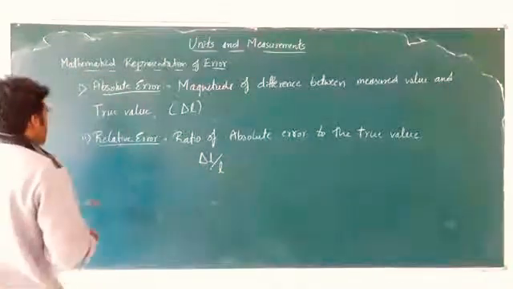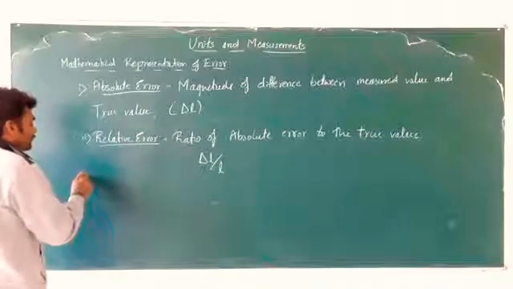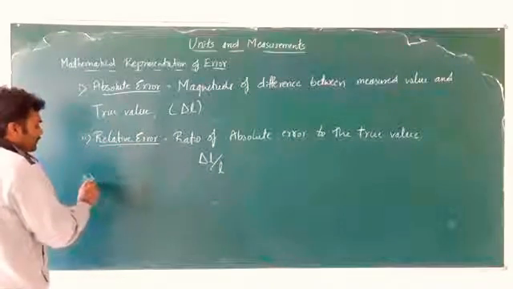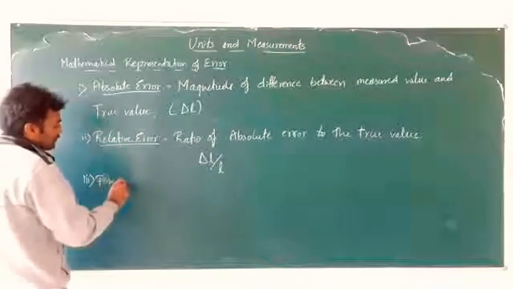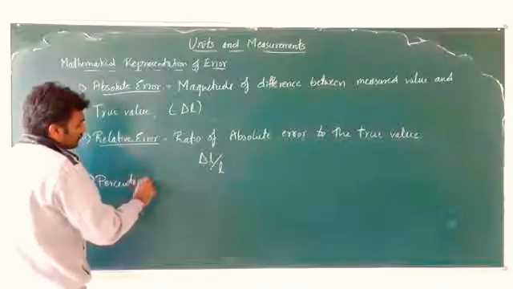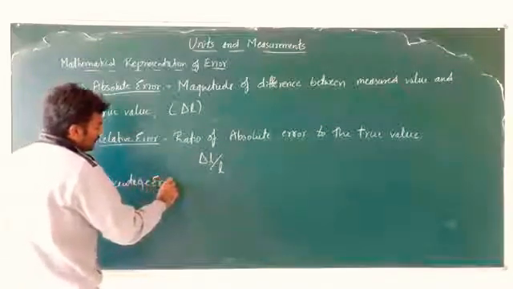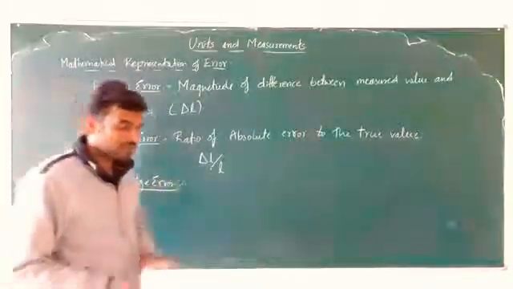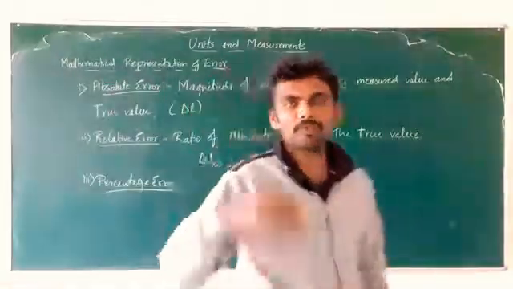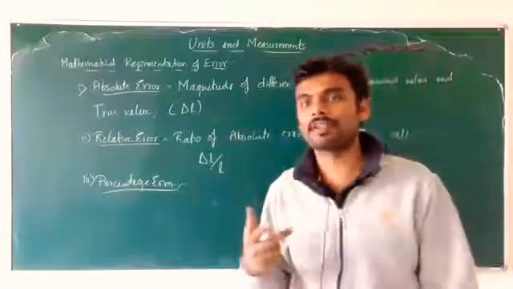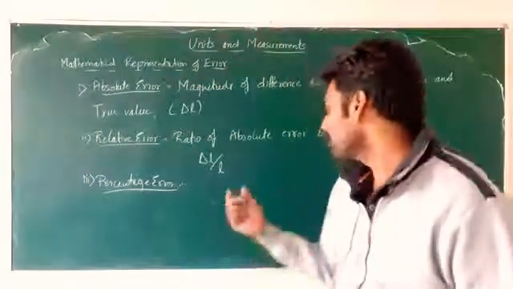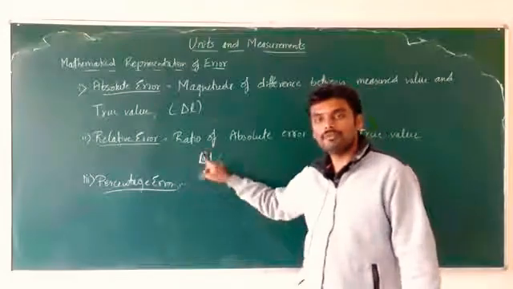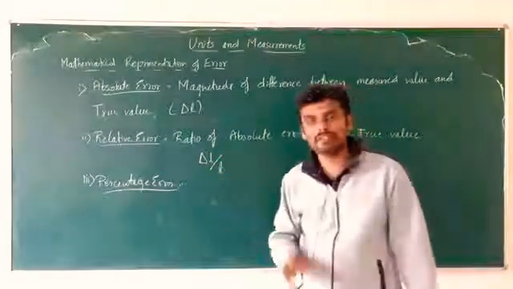Next is percentage error. Percentage error, again an easy one. See here, when I say relative error, there is a little problem with expressing it, because every time the value is going to be very less.